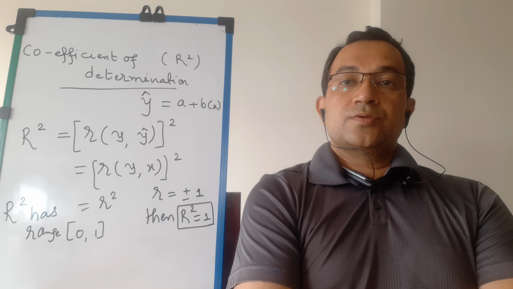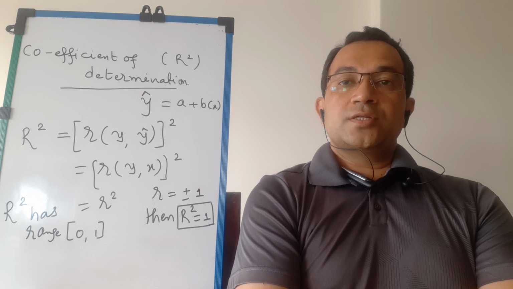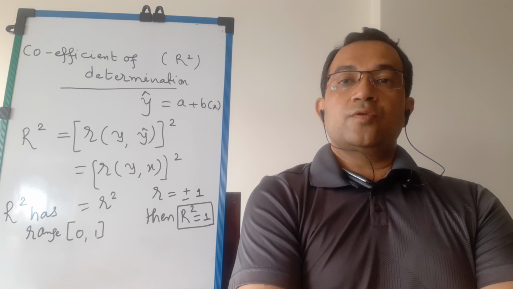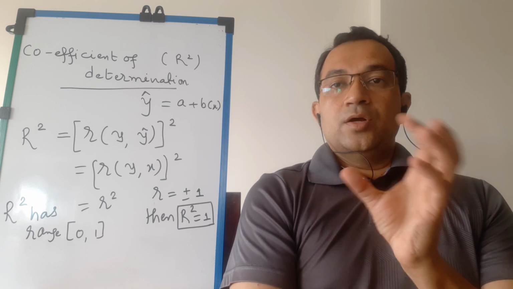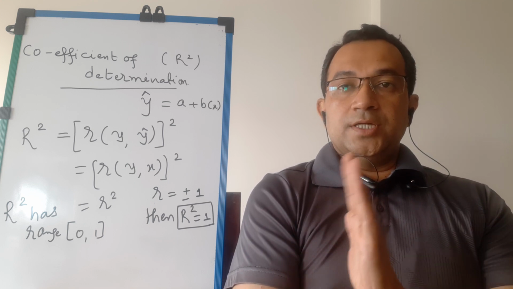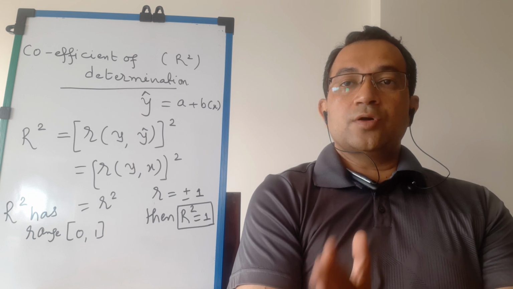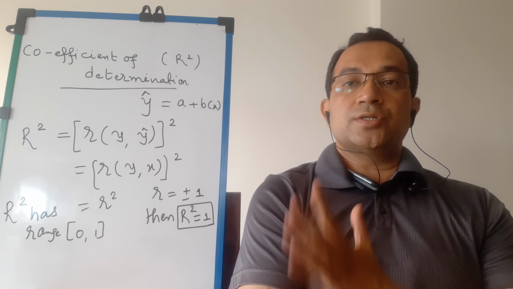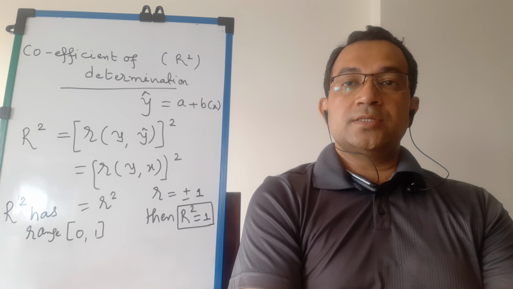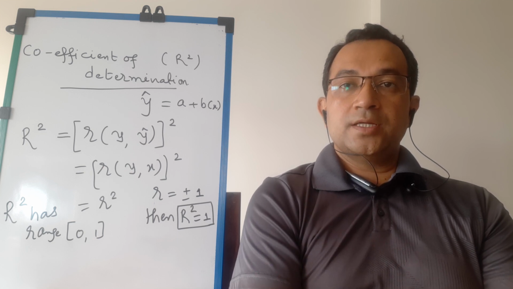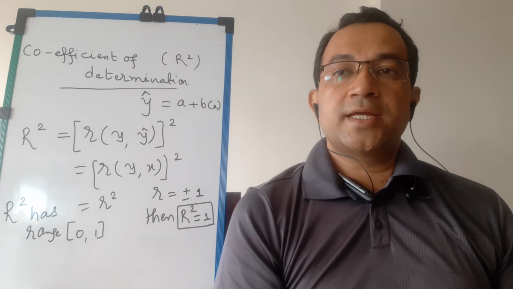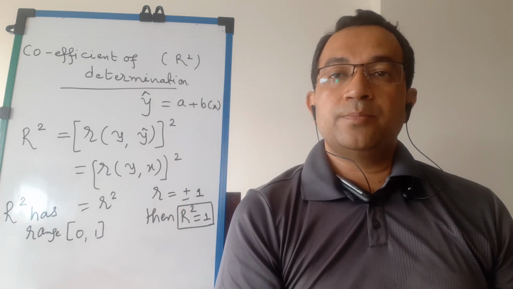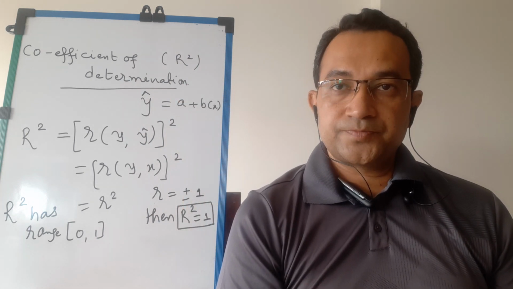Now students, what is the formal definition of coefficient of determination? In exam, you can be asked, define coefficient of determination. So students, understand this very perfectly. Suppose the regression line of y on x is y cap is equal to a plus bx.